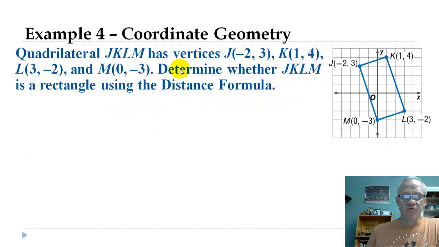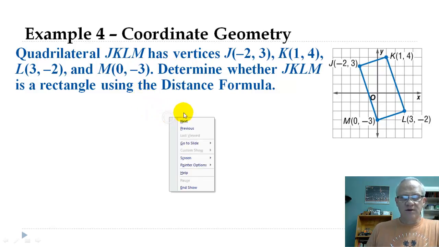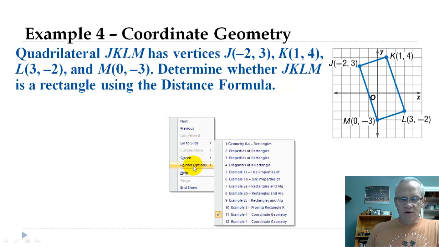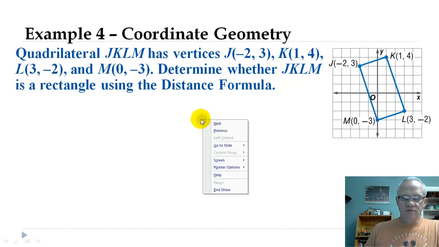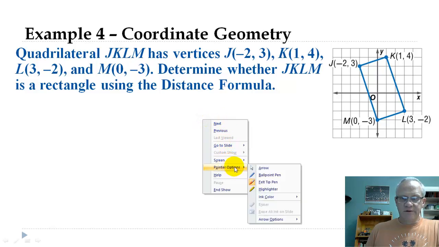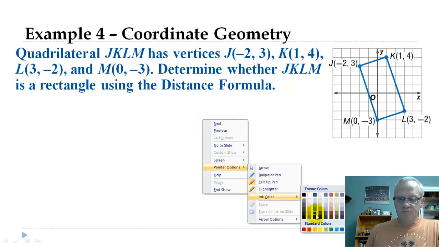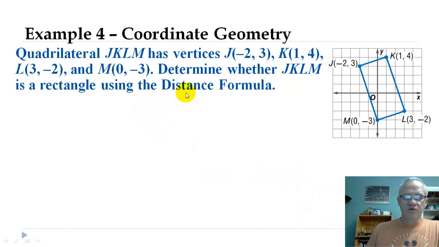So example 4, coordinate geometry. Last problem here. We've done a little coordinate geometry before. I don't think we've ever used the distance formula, so let's take a look at that.